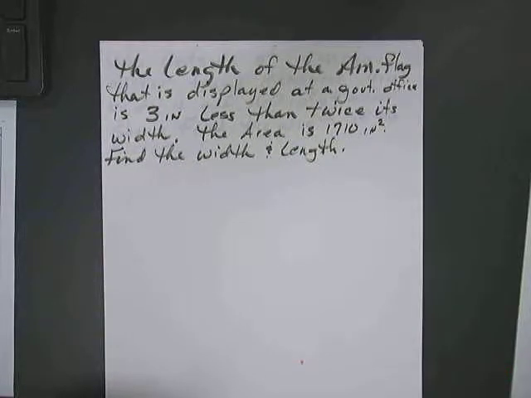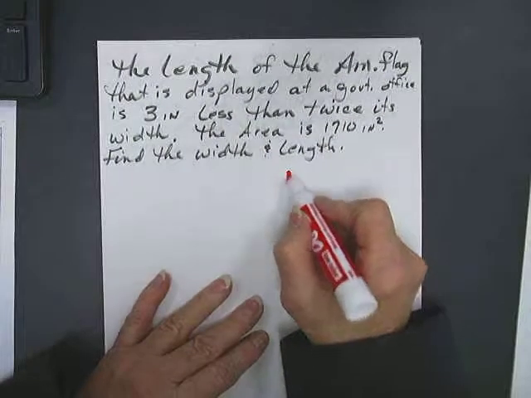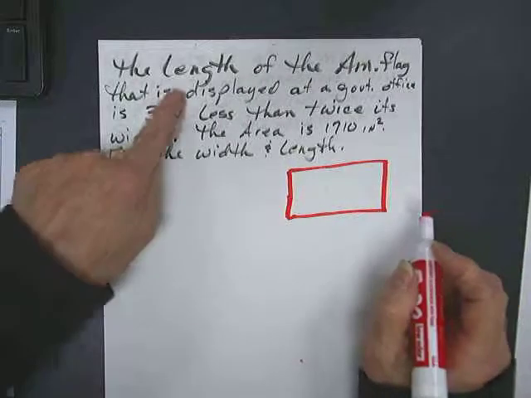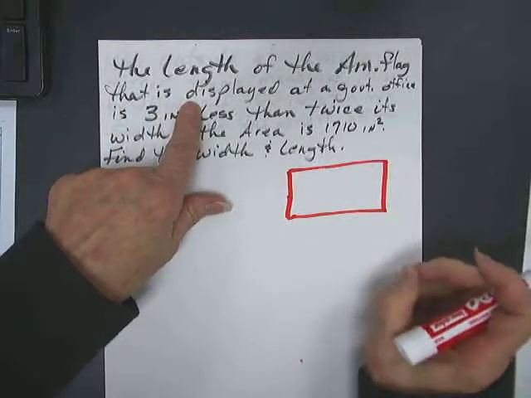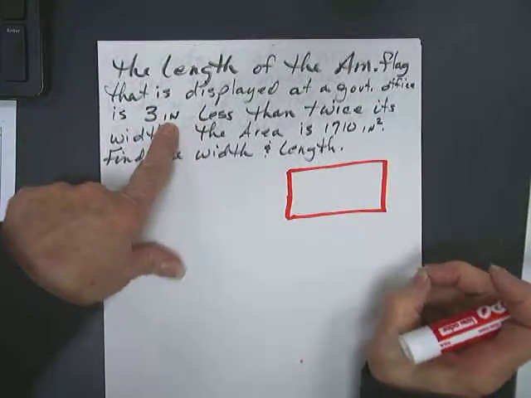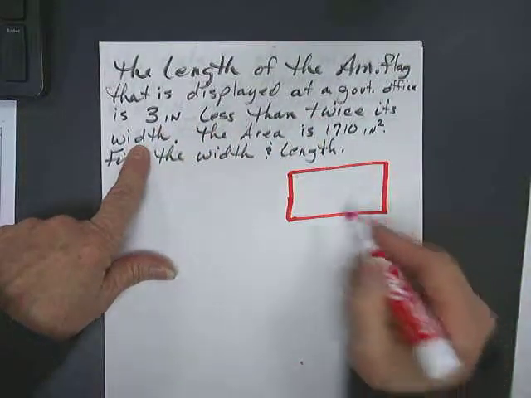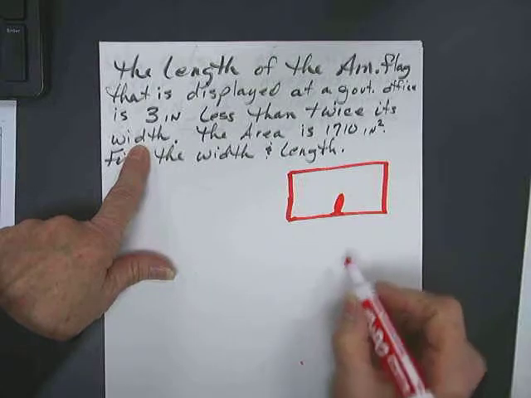The length of an American flag. What shape is that? It's a rectangle, right? The length of a flag that is displayed at a government office is 3 inches less than twice the width.